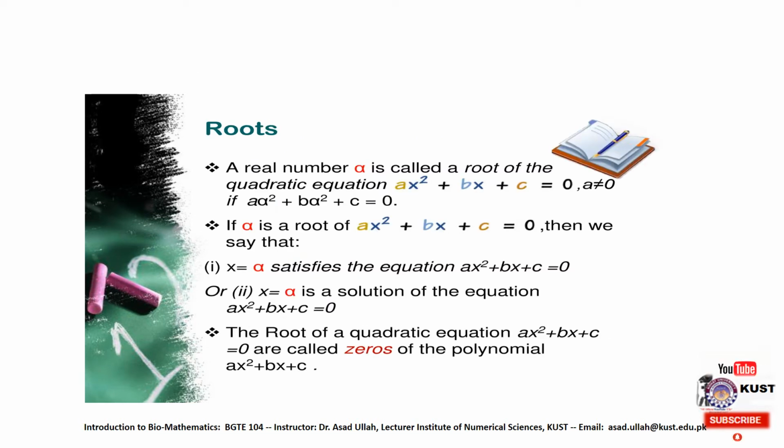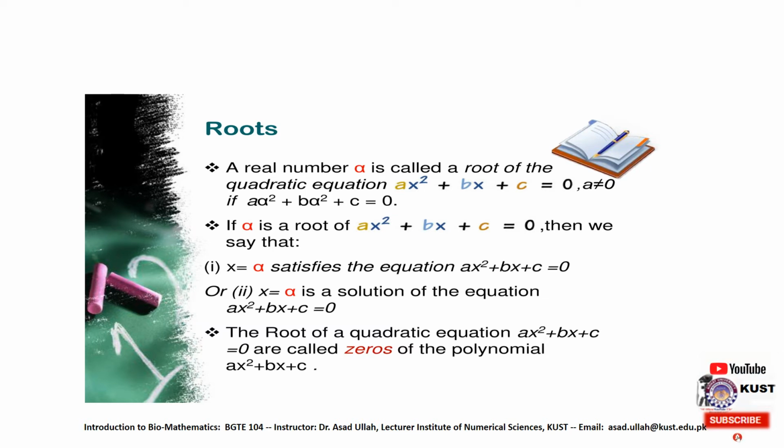Now what is meant by roots of the quadratic equation? A real number alpha is called a root of the quadratic equation ax square plus bx plus c is equal to 0 if a alpha square plus b alpha plus c is equal to 0.